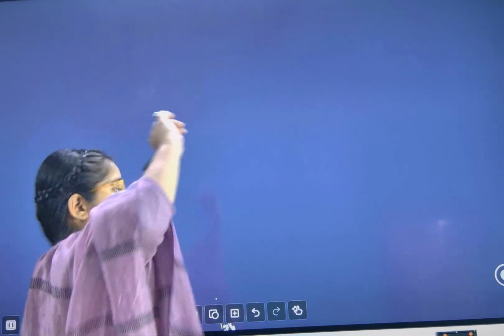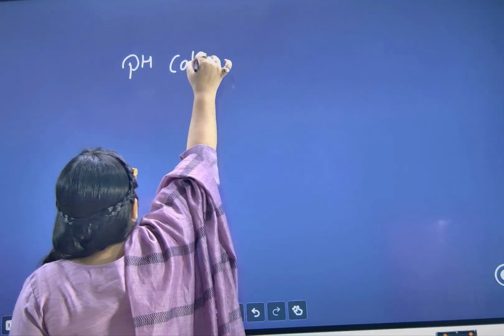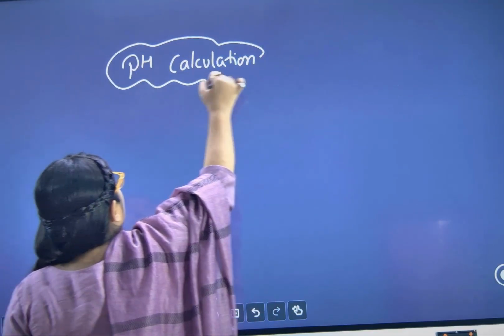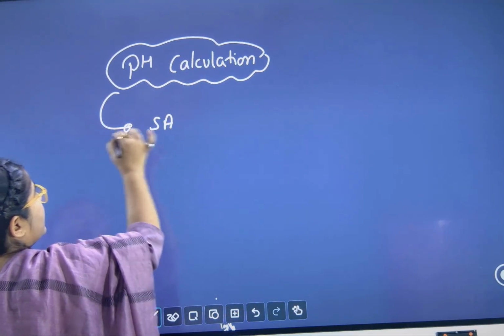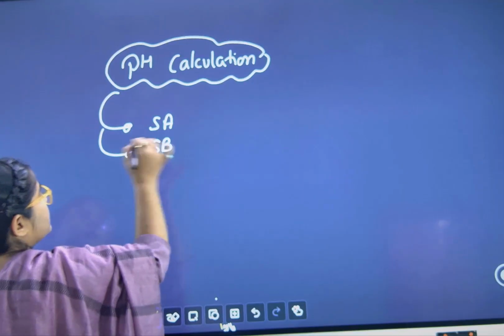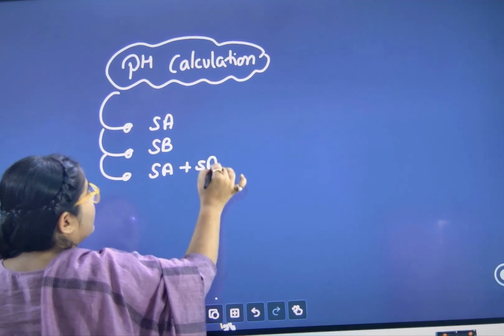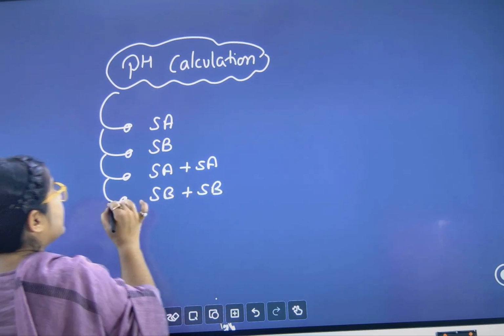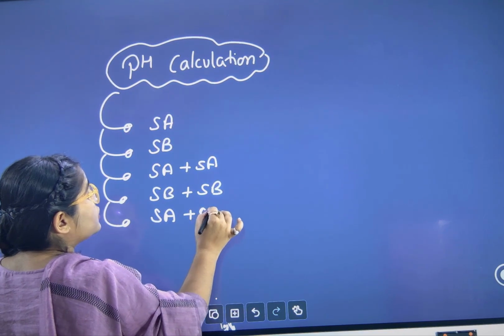Okay, so let us see the next topic, that is pH calculation. In this pH calculation, how many cases will we solve? We will see strong acid pH, then strong base pH, then the mixture of strong acid with strong acid, then the mixture of strong base with strong base, then the mixture of strong acid with strong base.